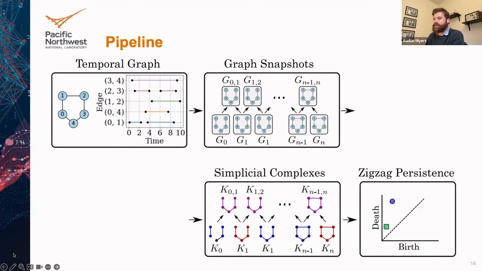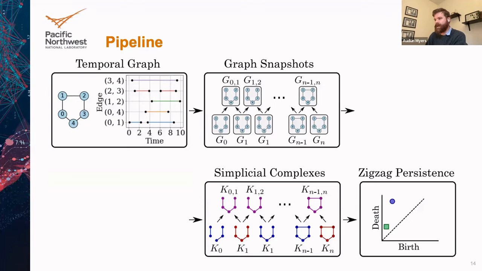So now I have the sequence of graph snapshots, and then I can get the direct abstract simplicial complex representation of these, where nodes go to 0 simplices and edges go to 1 simplices. And now I have the correct sequence of simplicial complexes to apply zigzag persistence.